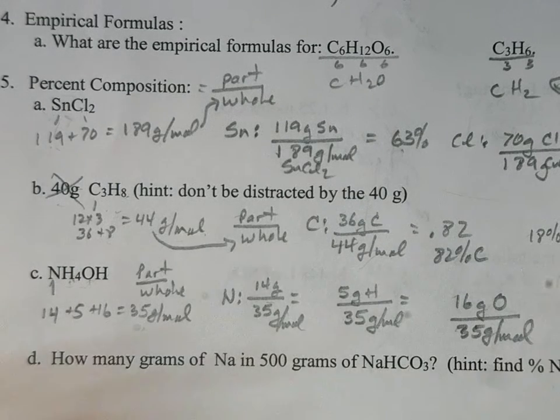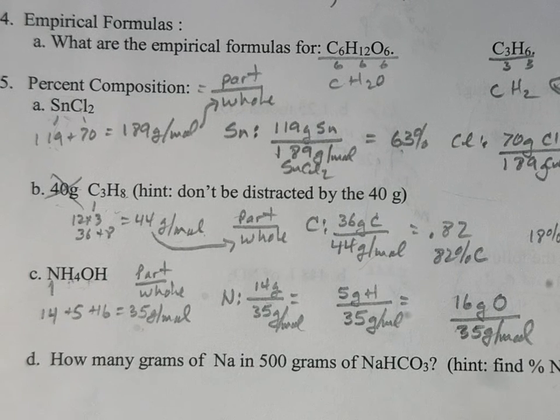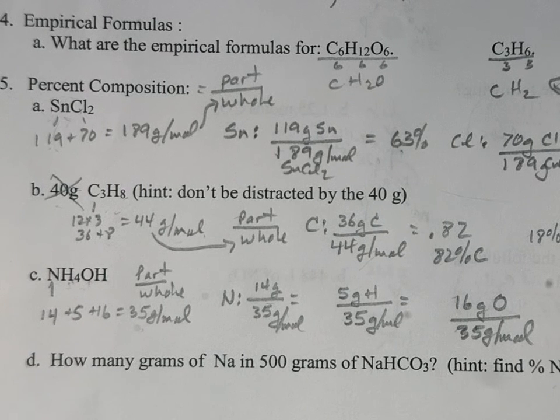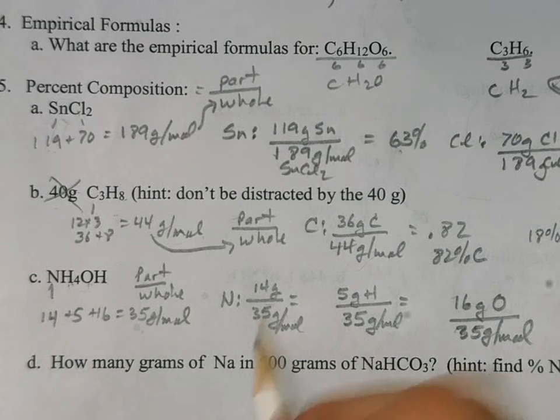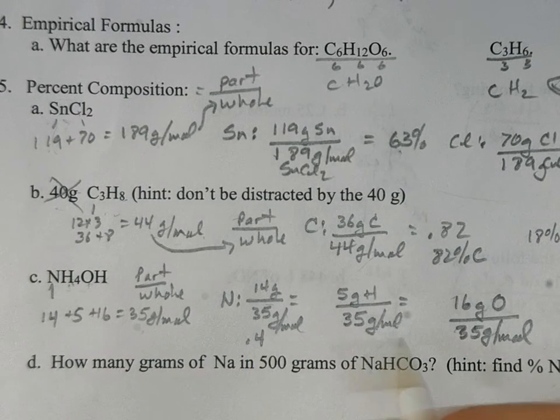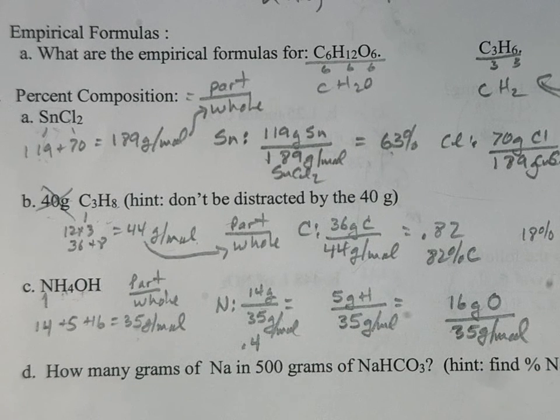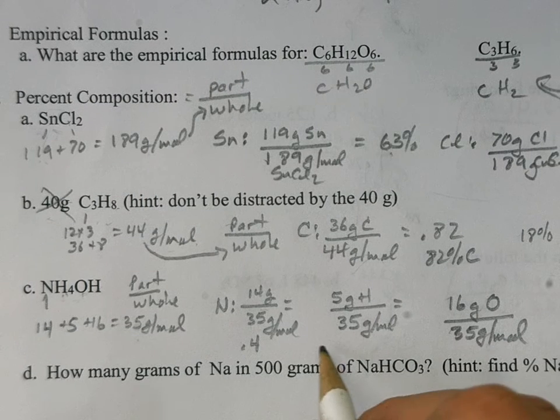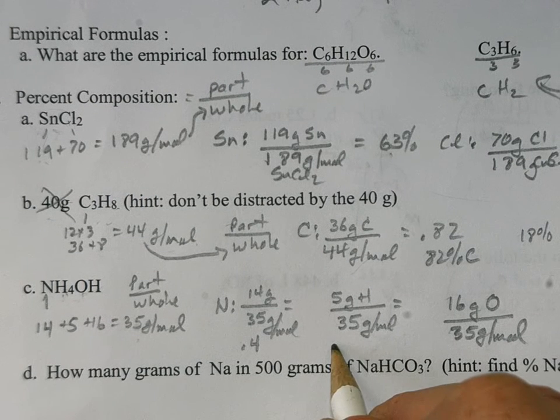Let's see, 14 divided by 35. Better use my calculator, right? 14 divided by 35 is going to be 0.4. And 5 divided by 35 equals 0.14.